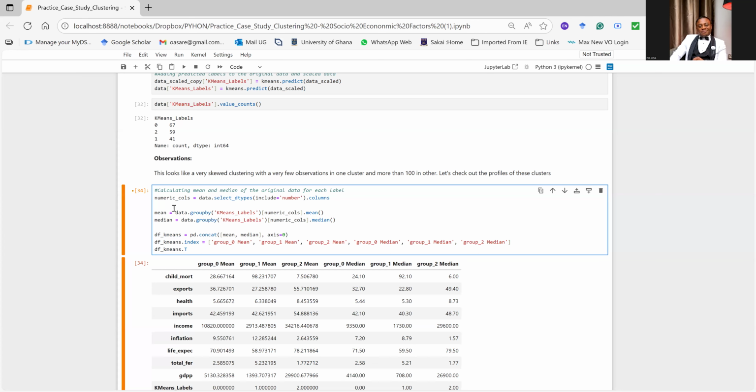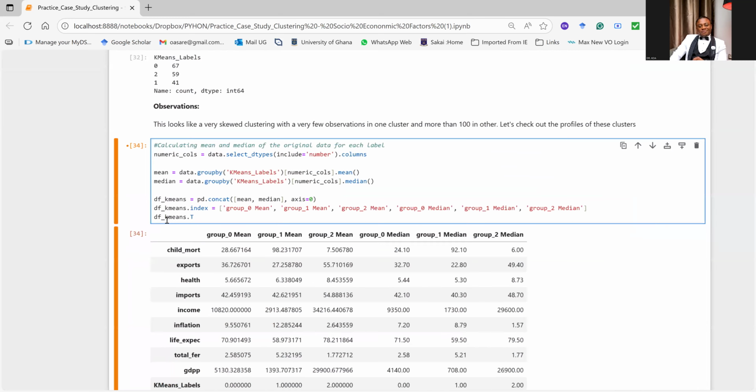Or we tell it to go into this data set called data, and rather choose only the columns with numbers. Any column with a number, choose that. And then we call it numeric columns. Now we will apply the mean and the median on that numeric columns.